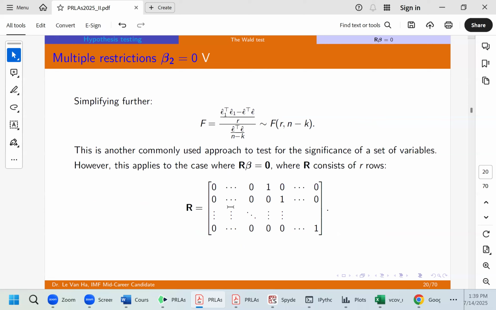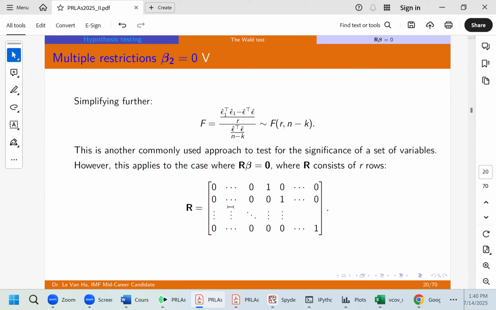You run the model, you get the sum of squares. You run the full model, you get the sum of squares, divided by r, and down here you take the sigma hat square. This one, following our proof, follows an F distribution with r and n minus k degrees of freedom. So now a special case.